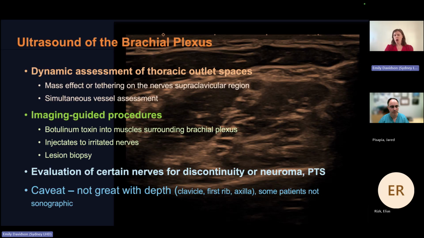I use ultrasound predominantly for image-guided procedures, whether it be Botox injections into the scalenes, or if we're injecting steroids or local anesthetic around irritated nerves.